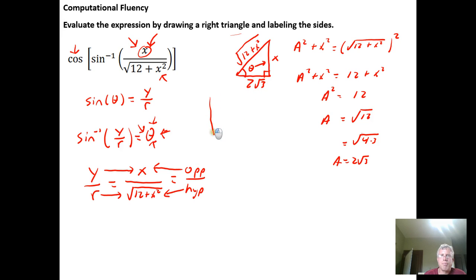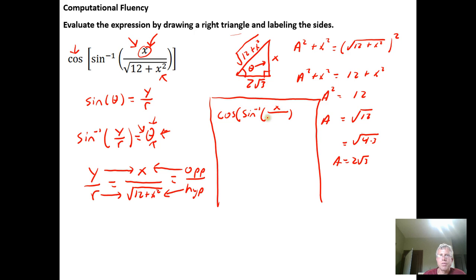Once I do that, I'm ready to evaluate the expression. I start off with the cosine of the sine inverse of a side ratio, x over the square root of 12 plus x squared. But when I calculate the sine inverse, the output is an angle, and I constructed the angle that goes with this side ratio.